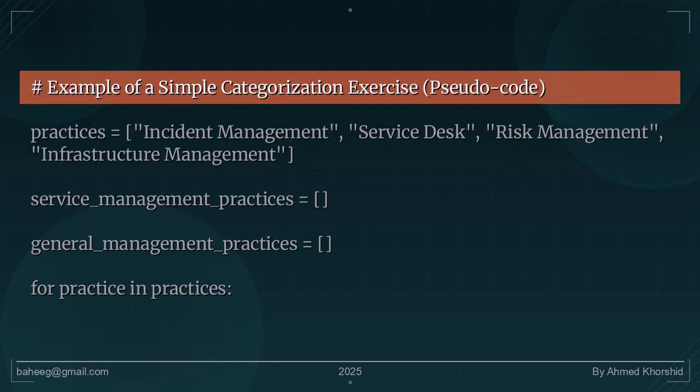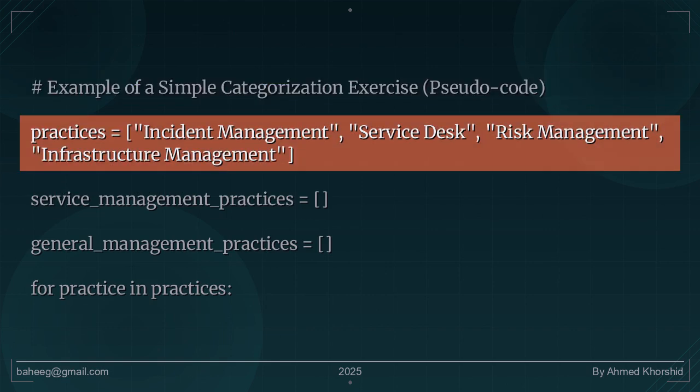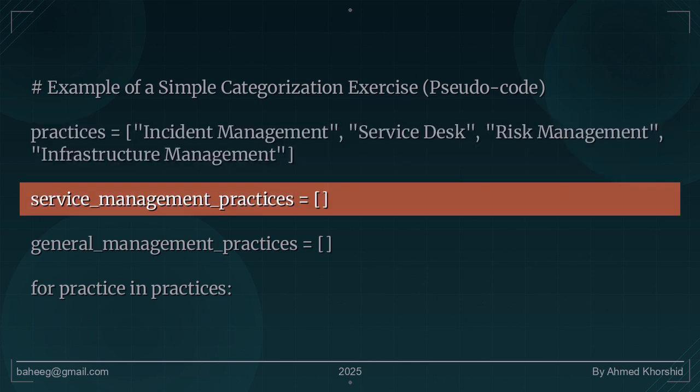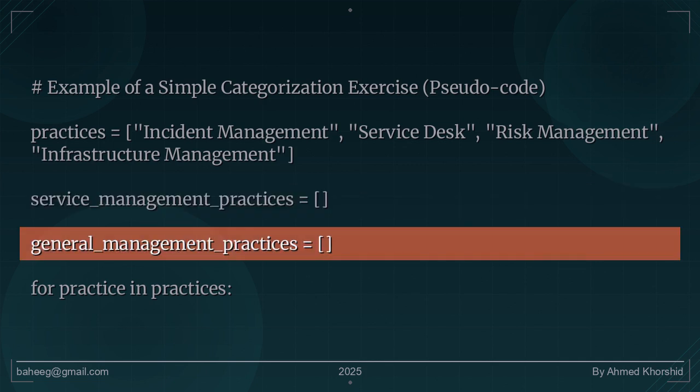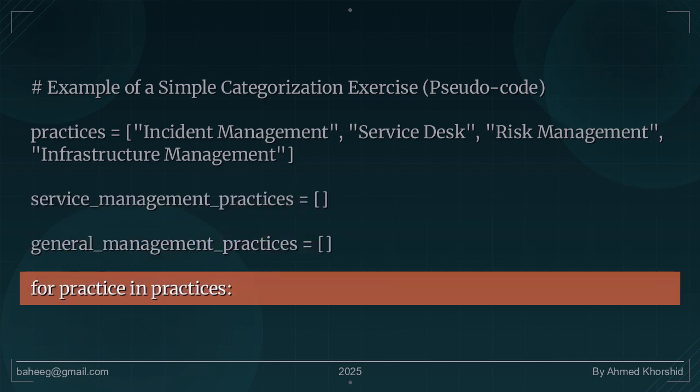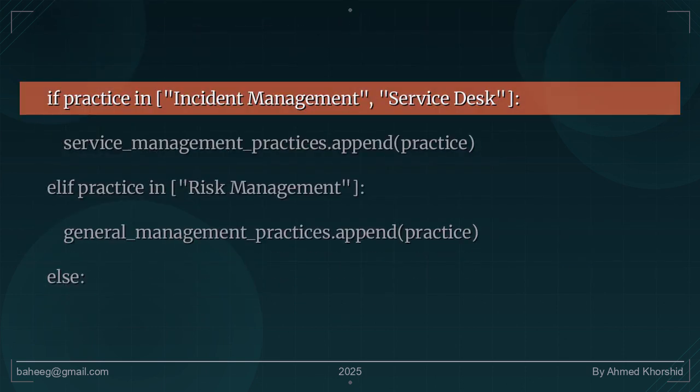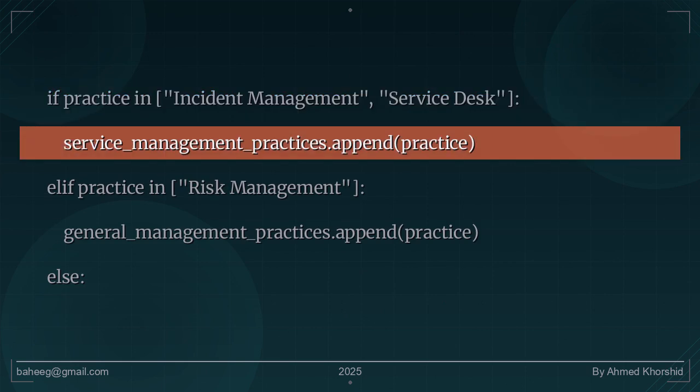Example of a simple categorization exercise, pseudocode. practices = incident management, service desk, risk management, infrastructure management. service_management_practices = []. general_management_practices = []. For practice in practices: if practice in incident management, service desk: service_management_practices.append(practice).